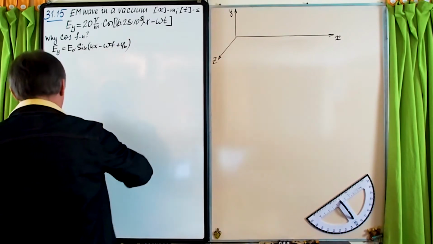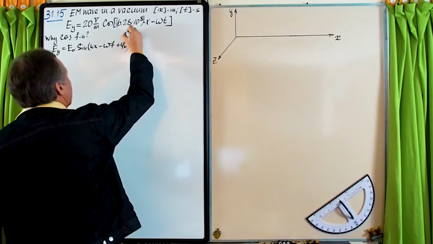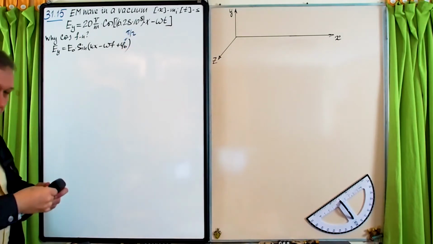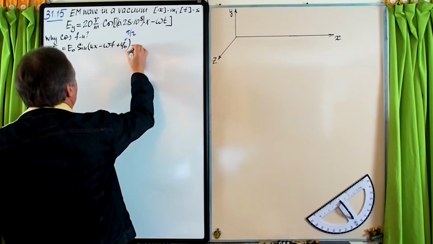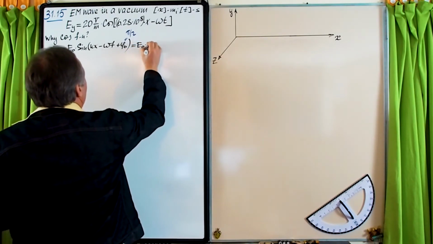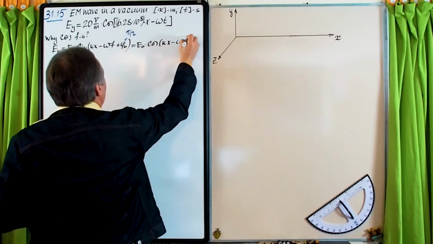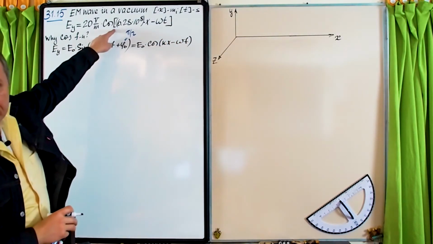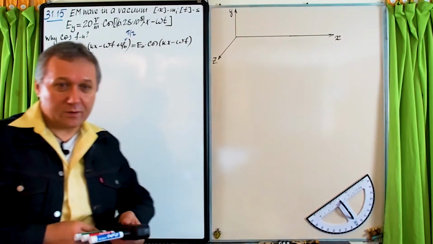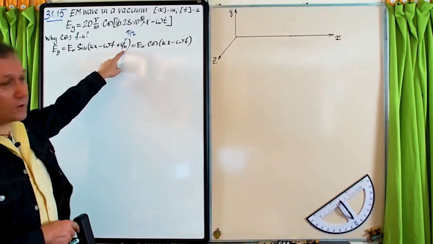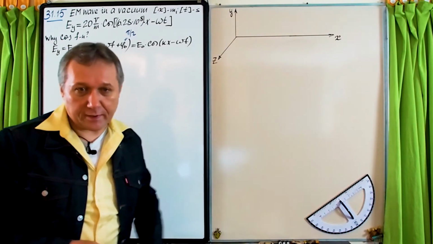If phi naught, the initial phase, equals pi over 2, then you remember trig identities from high school: this gives us a cosine function. So you'll get E naught cosine of (kx minus omega t), and that's what is given. It's just the equation which I used, with an initial phase of pi over 2. So there's no point in panicking.